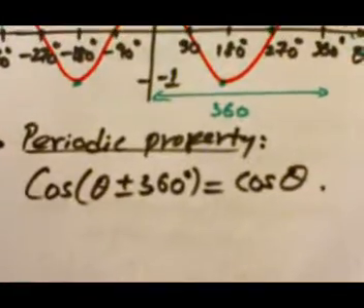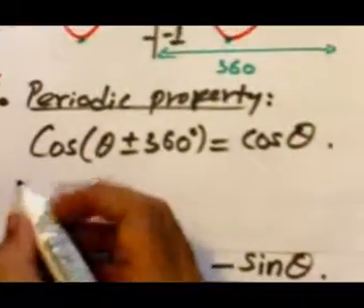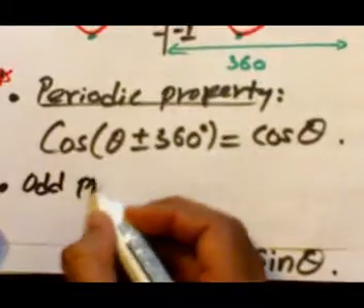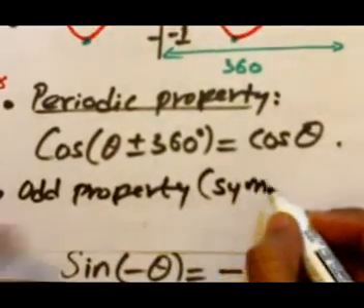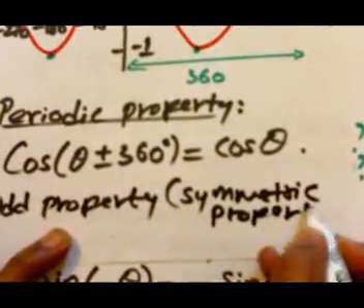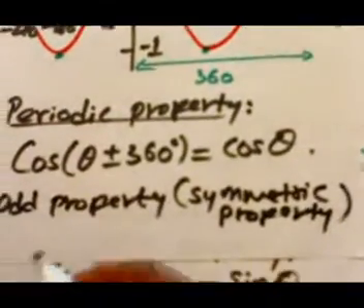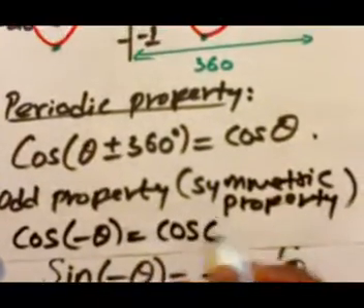Now the odd property, this is an important fact also. The odd property of cos is basically also its symmetric property, and I'll tell you what a symmetric property is. Just wait. Look at this. Cos minus theta is cos theta. Now focus on the curve.